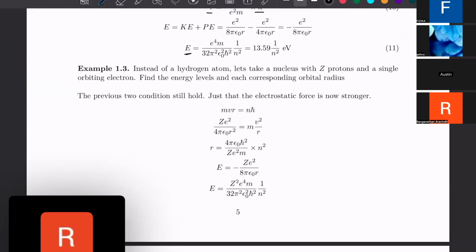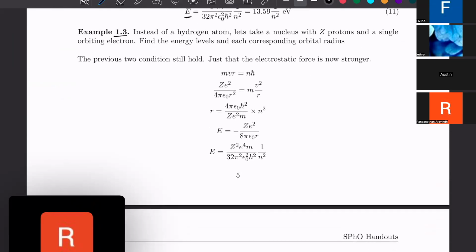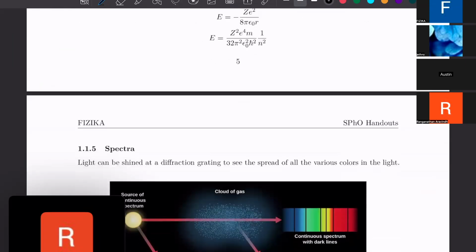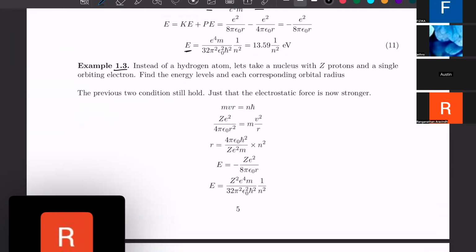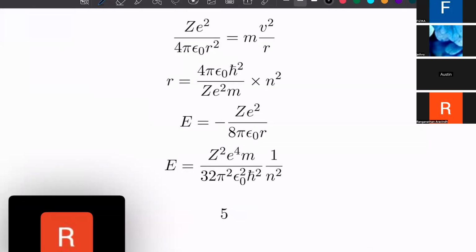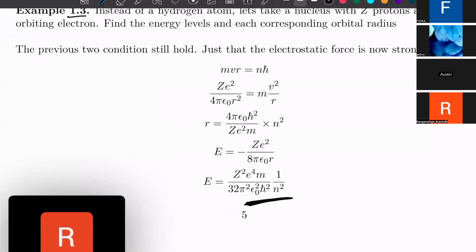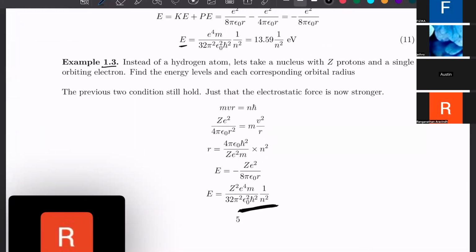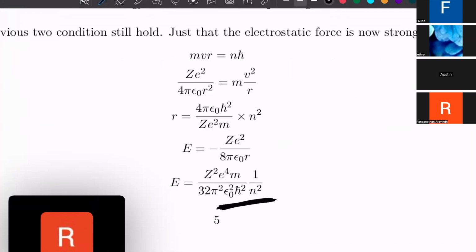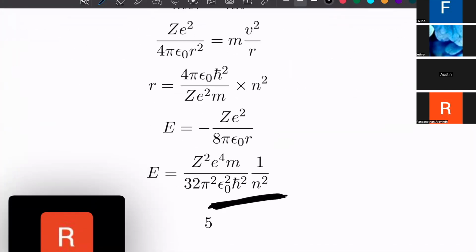Did anyone face any problems with example 1.3? Okay, I guess that's a no. So I hope everyone is comfortable with this solution and you should be able to derive it. I feel like this is something that they can test. You don't have to memorize this, of course.